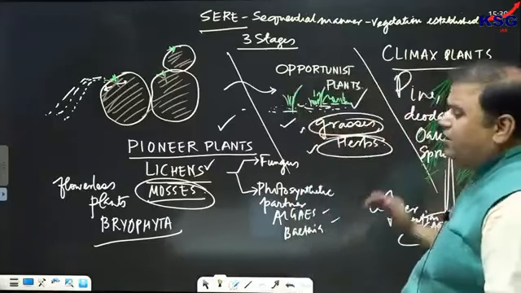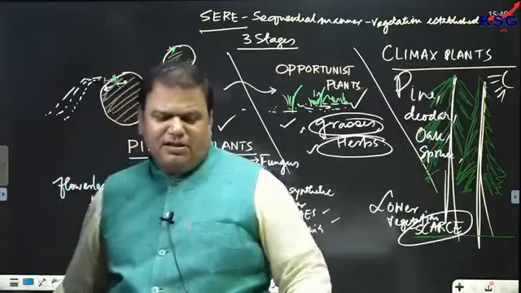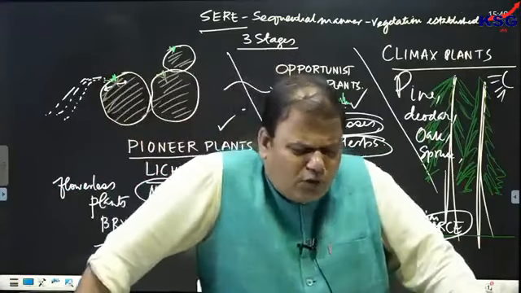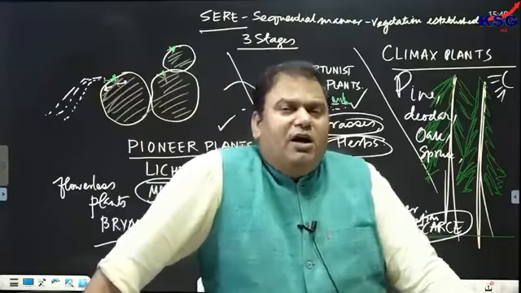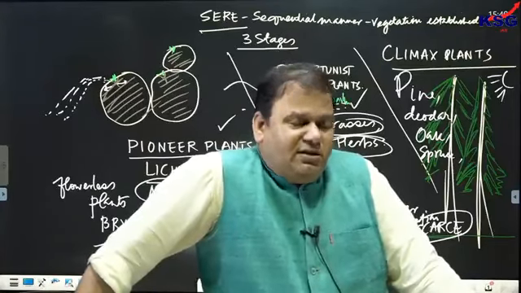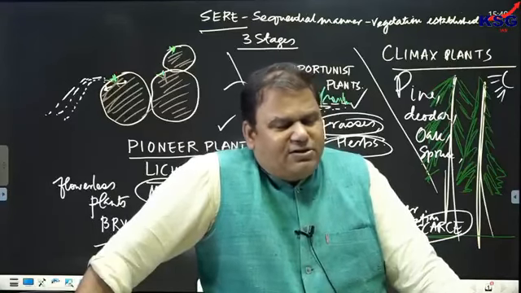And when you come to the outer Himalayas, the Shivaliks, you can see pine forest and devdar present in large numbers. So all the three stages of Sere are reflected in Himalayas, because Himalayas are still the youngest mountain range of the world and still in the process of formation.